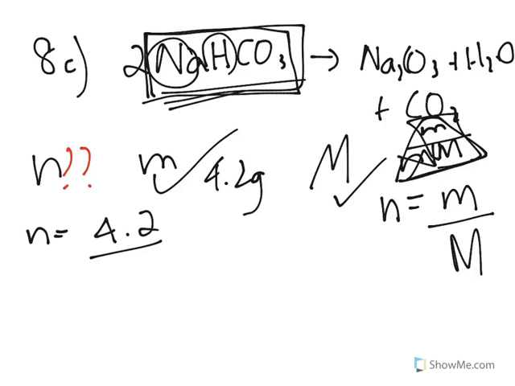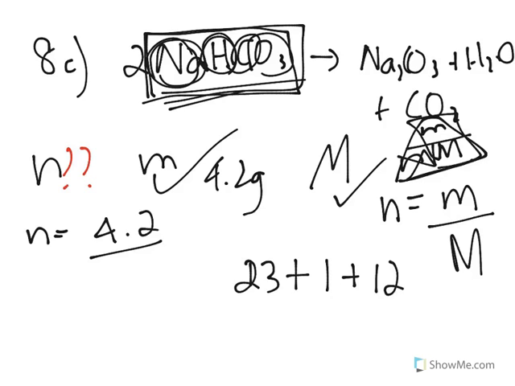Now, how do we find the molar mass? The molar mass is found by adding all of the masses of the individual atoms in the compound. So we have one atom of Na, which has a mass of 23, and then one hydrogen, which has a mass of 1, and then one carbon, which has a mass of 12, and then 3 oxygens, which have a mass of 16, so 3 times 16.